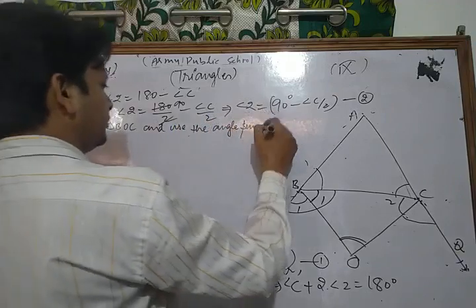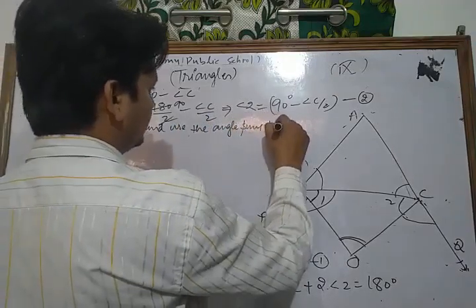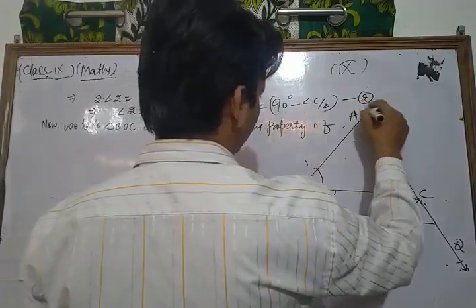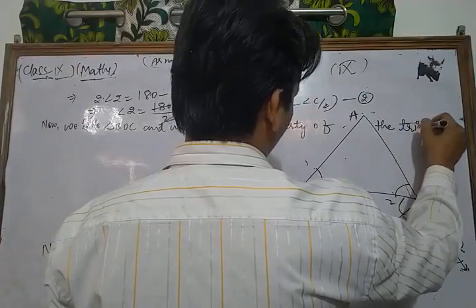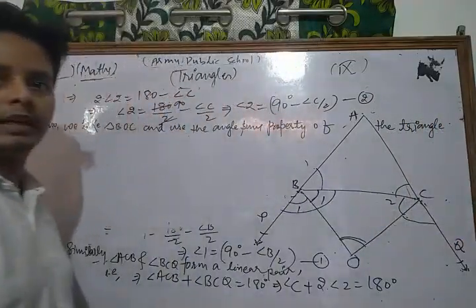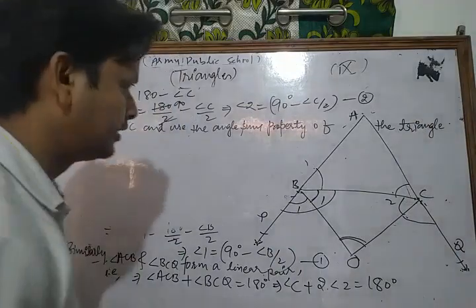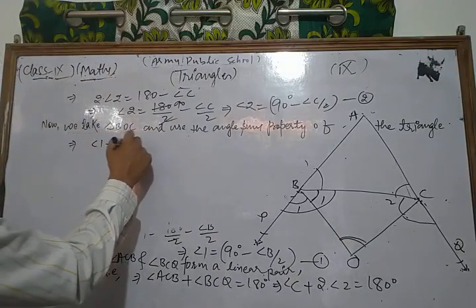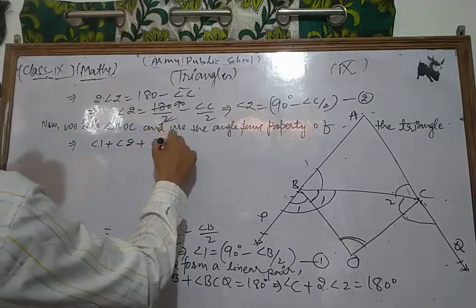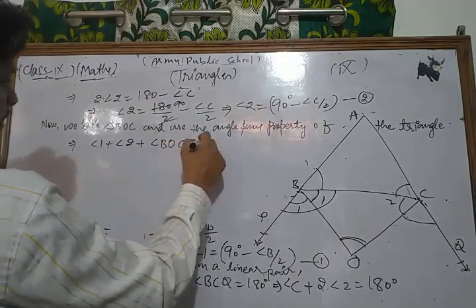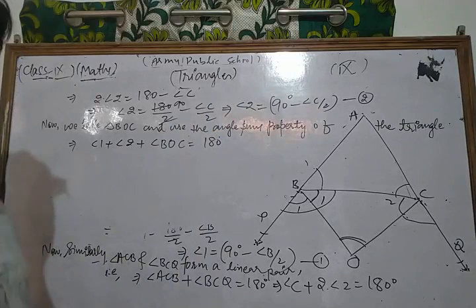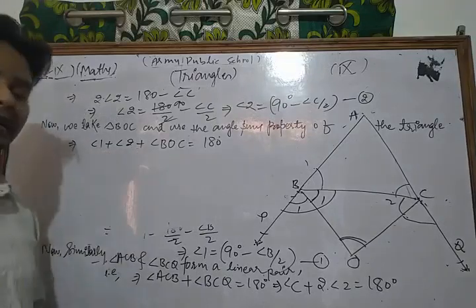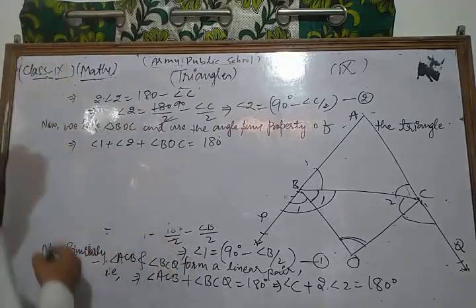The sum of all angles of a triangle is 180 degrees, so we write angle 1 plus angle 2 plus angle BOC is equal to 180 degrees. Now using equations 1 and 2.